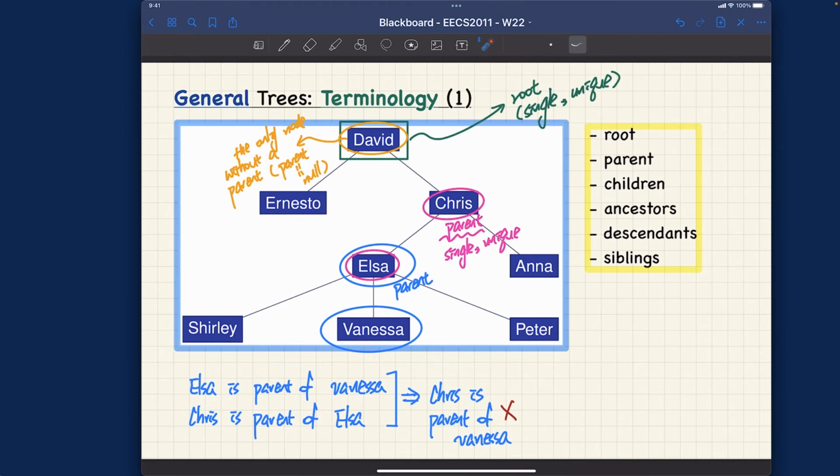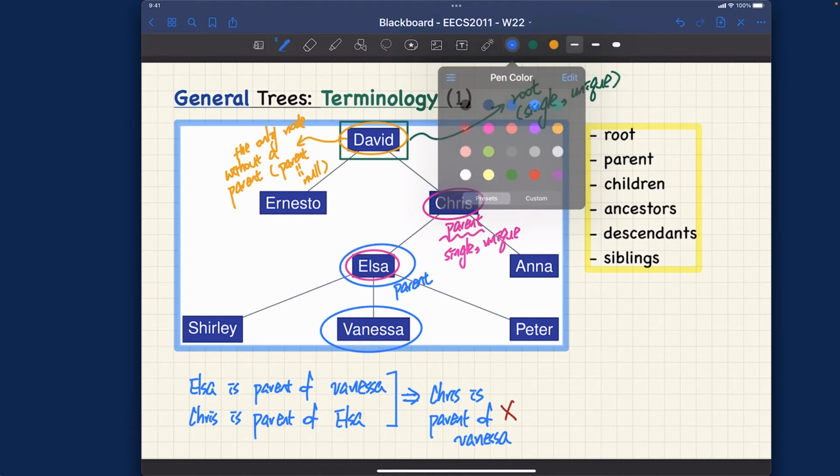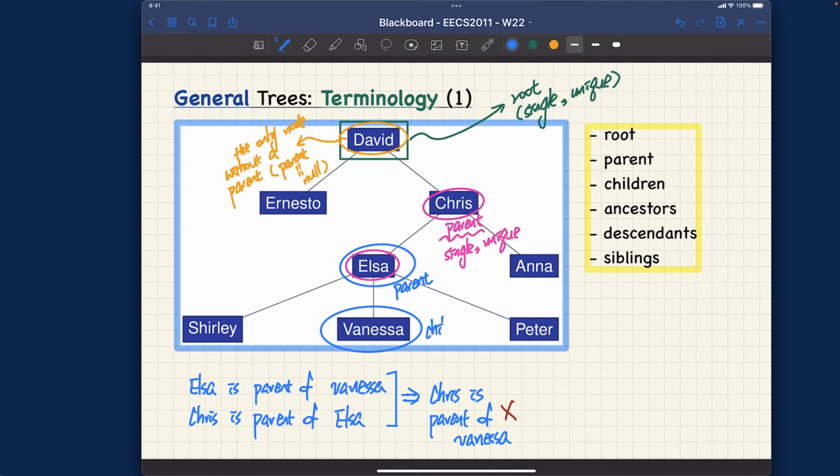Let's see an example right away. Since Elsa is the parent of Vanessa, symmetrically we can say Vanessa is one of the children of Elsa. So we can say it's a child as well. Similarly, Peter is also one of the children of Elsa, and Shirley also is one of the children of Elsa.